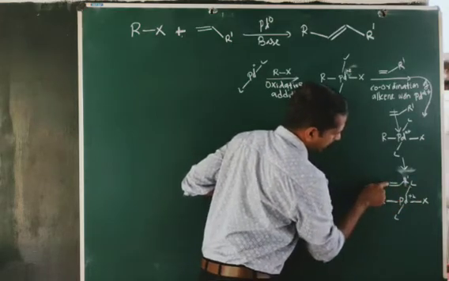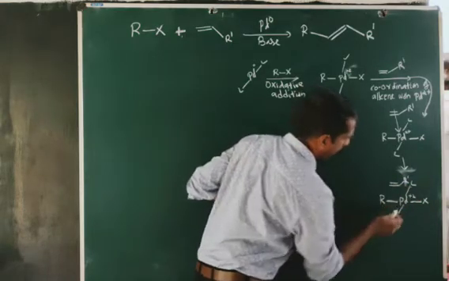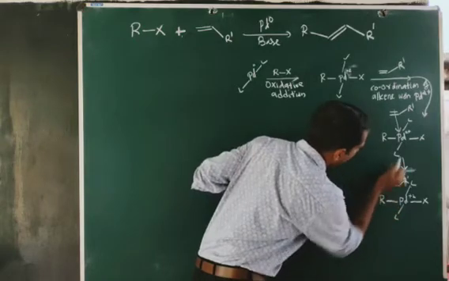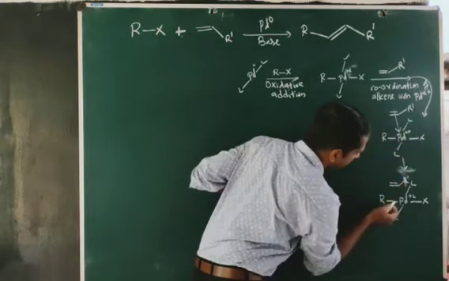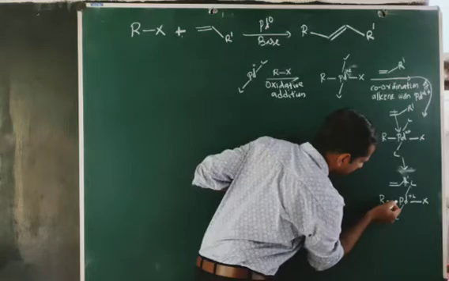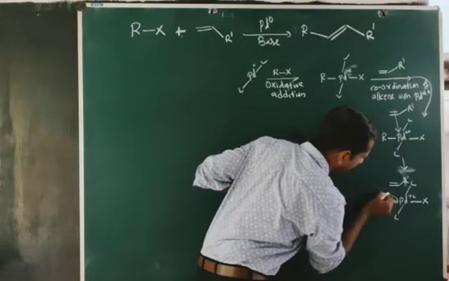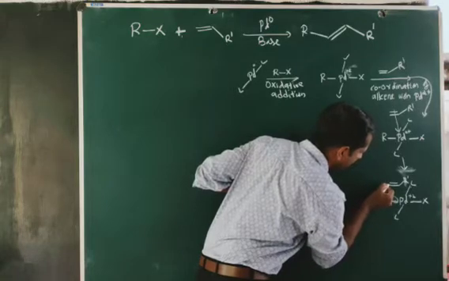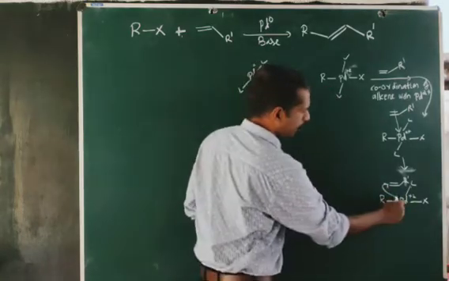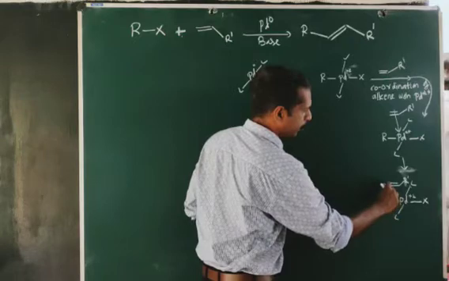The coordination of alkene with the Pd2+ means this R group breaks from palladium and joins with this carbon. So the bond breaks from Pd2+ and it is joining with the CH2.